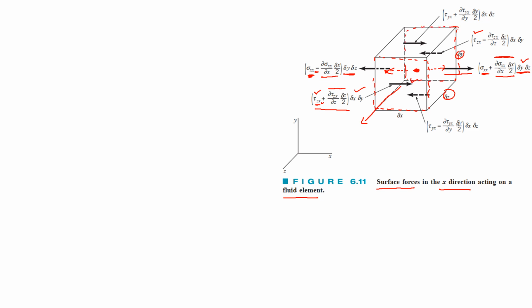So this is the shear stress Zx. Z again represents the normal to this plane, and x represents the direction of the stress, and this term represents the gradient of this stress, and this represents the area.